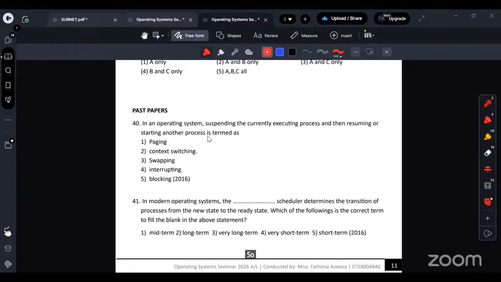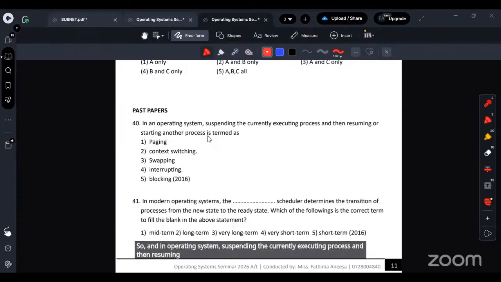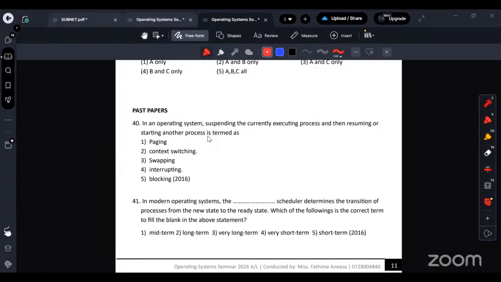So, in an operating system, suspending the currently executing process and then resuming or starting another process is termed as... What does it? Context switching. Not interrupting, context switching.